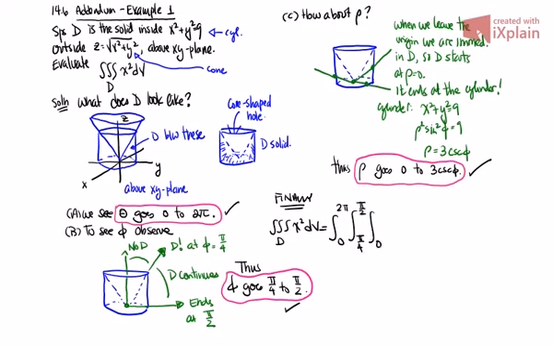Next is rho, 0 to 3 cosecant phi. Then we have the x squared. The x, when we convert it to spherical, is rho sine phi cosine theta. So that is the x. We square it. Then we have the Jacobian, rho squared sine phi. And then d rho d phi d theta.